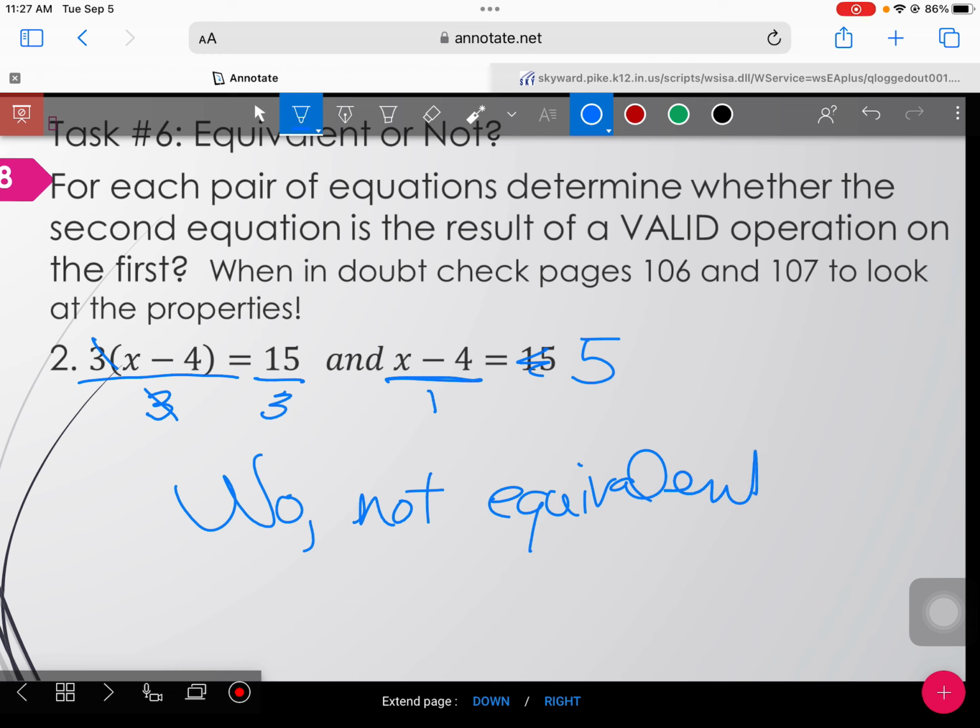Is that the only way to figure it out? Did you substitute a value in? You solved for x? Okay. Did you distribute? Okay. Well, the thing is, you need to always look at the directions.